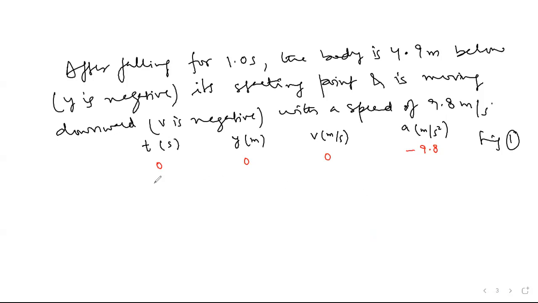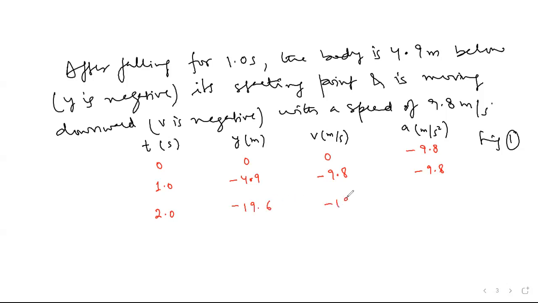Now at t is equal to 1 second, we have solved, y is minus 4.9 meter. Meter is written, I don't need to write it. v is minus 9.8. Acceleration is same, minus 9.8. Right? When you solve at t is equal to 2 seconds, you will find the position is minus 19.6 meters.